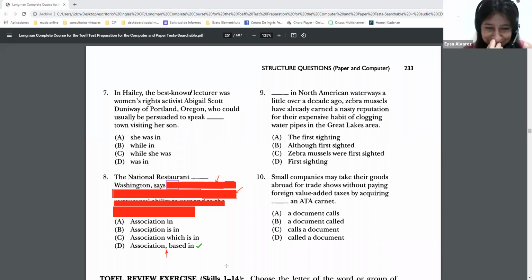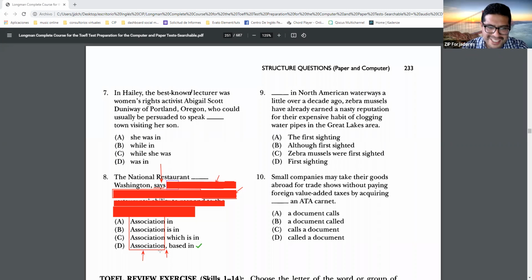So let's go with another approach. You said that "says" is the verb of the sentence. So what is the subject? The National Restaurant Association is the subject of the sentence, the subject and the verb.